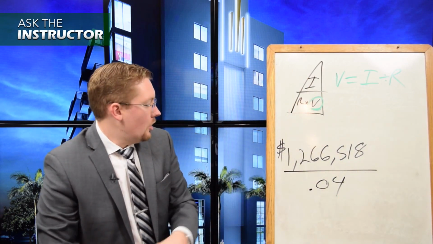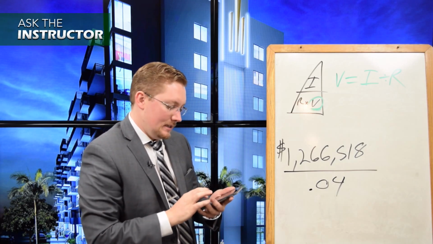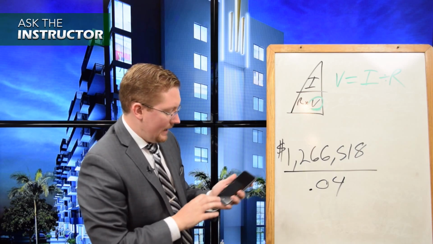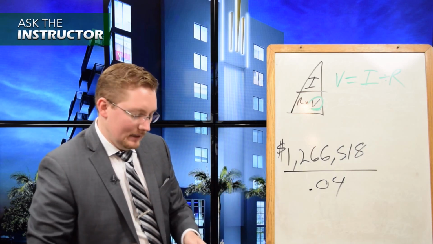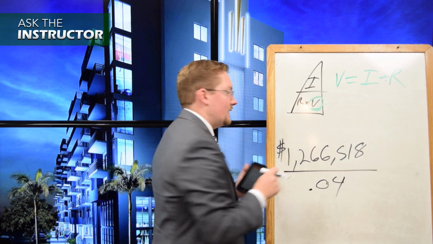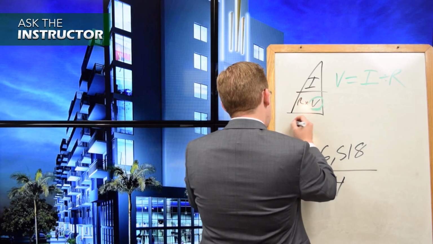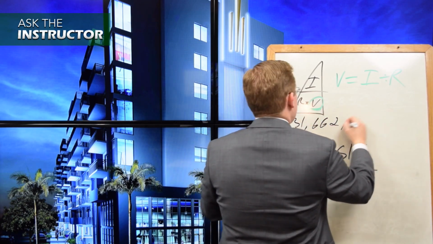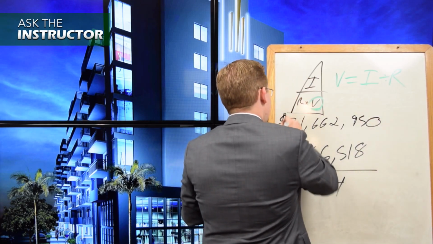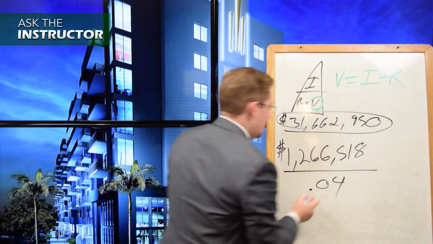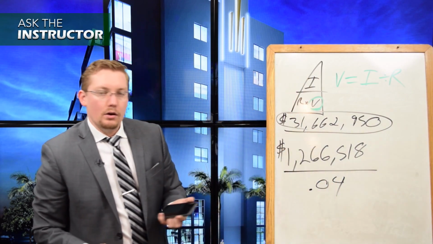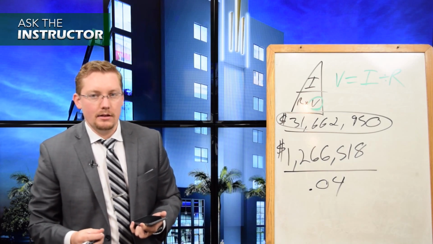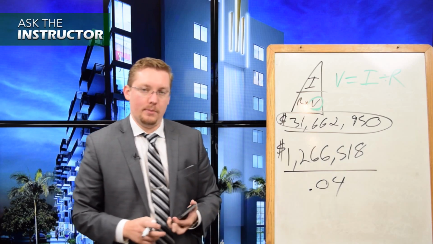We're going to take this $1,266,518, and we're going to divide this by 0.04, and that's going to tell us what we need to pay for this property, $31,662,950. So at a 4% capitalization rate, we would be paying $31,662,950. As long as we don't pay more than that, we can get at least a 4% capitalization rate.